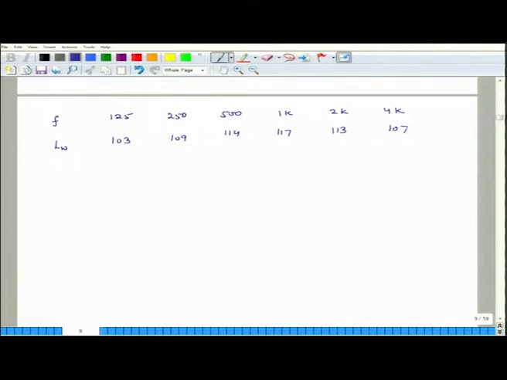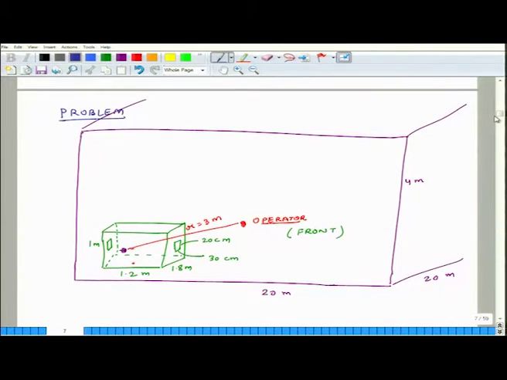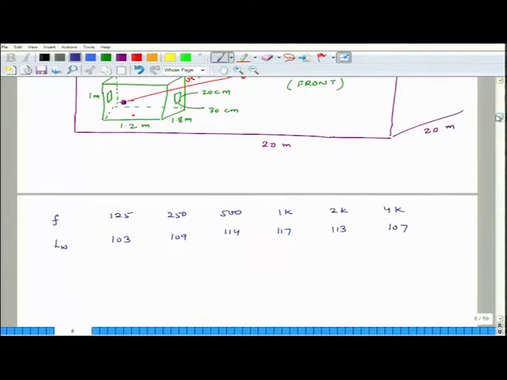We are also given the surface absorption coefficients for the room as well as for the enclosure. So, for the room, we are given average surface absorption coefficients, and they change with frequencies.